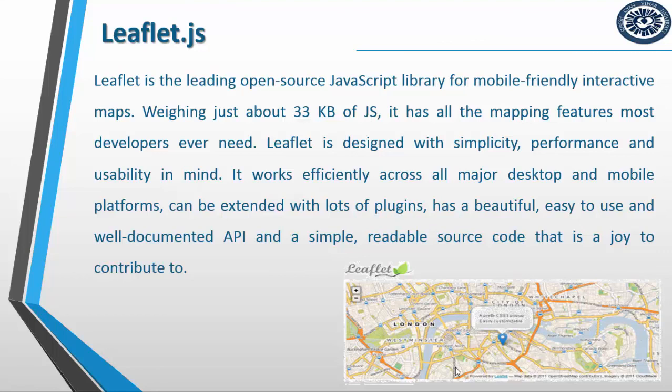It works efficiently across all major desktop and mobile platforms, can be extended with lots of plugins, has a beautiful, easy to use and well documented API, and a simple, readable source code that is a joy to contribute to. So, this is all about open source WebGIS.